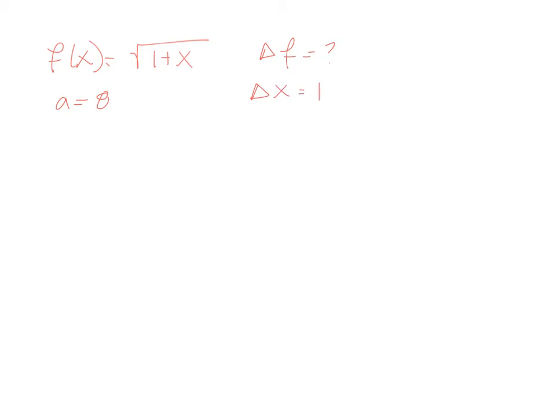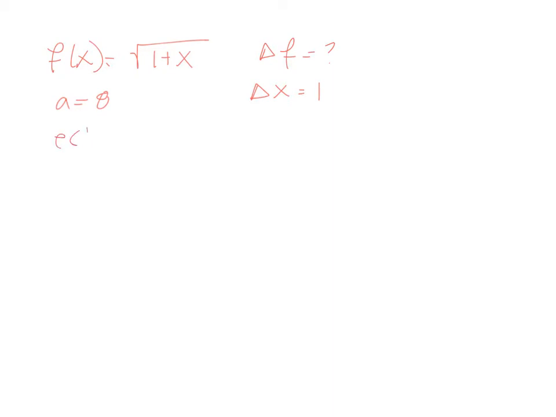So not negative 1, but positive 1. How is f changing as I go from 8 to 9? That's what this means. Change of f is how f changes as I go from 8 to 9 if my change of x is 1.